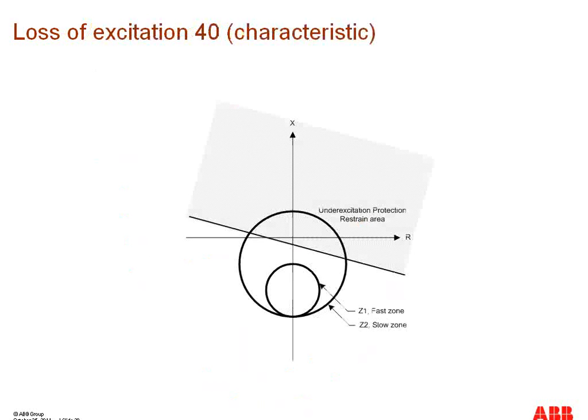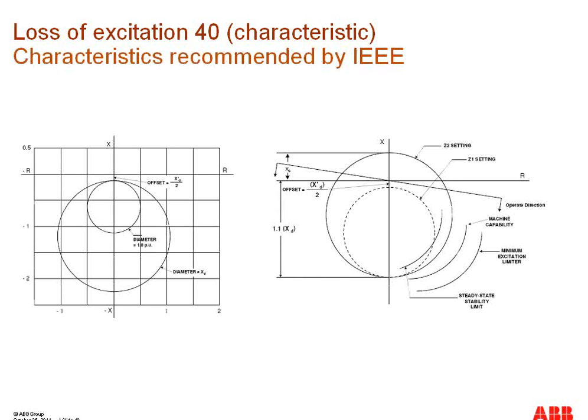As you can see right here, these are the two zones, offset MHO characteristics, and this is the blinder zone for the restraint area for this under excitation protection. These are the characteristics recommended by IEEE for the loss of excitation.